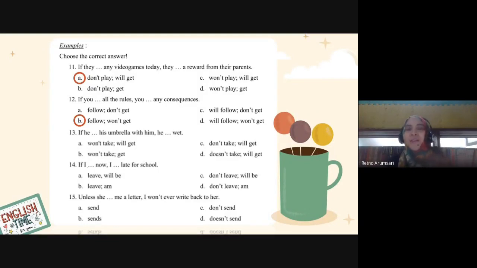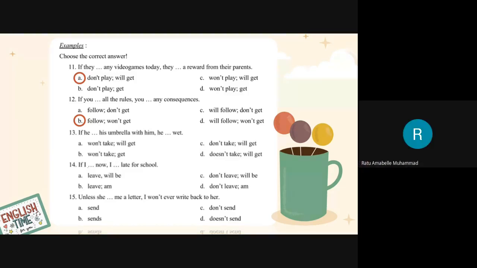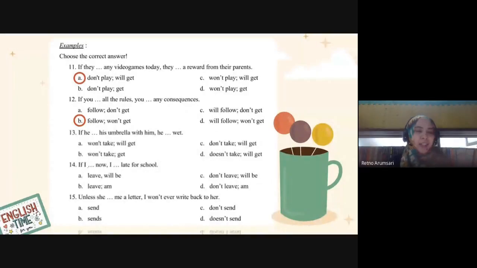If present simple followed by will future. Thank you, Rafa. Now let's go to Ratu Amabel. If he doesn't take his umbrella with him, he will get wet. That's right. If he doesn't take his umbrella with him, he will get wet. Why doesn't, not don't? Because the subject is he. Okay, remember that. Thank you, Amabel.